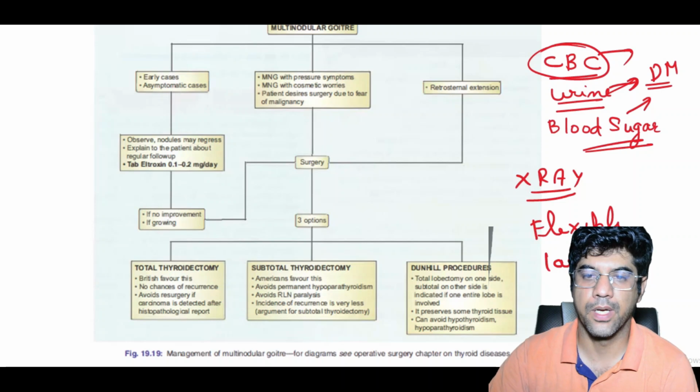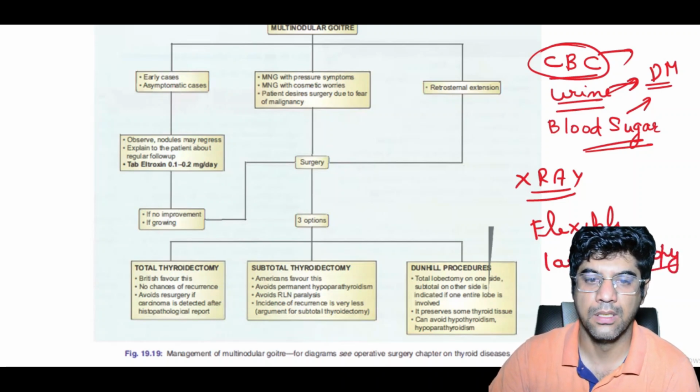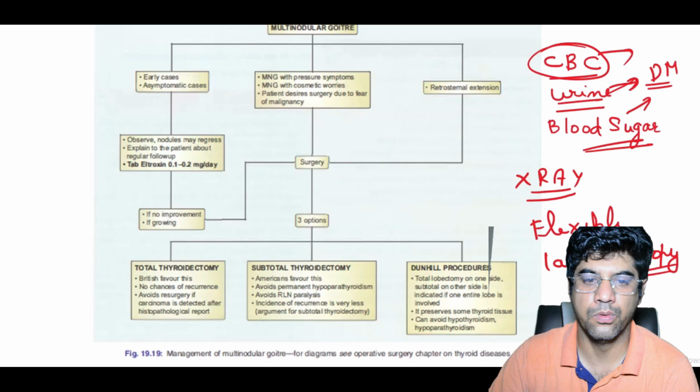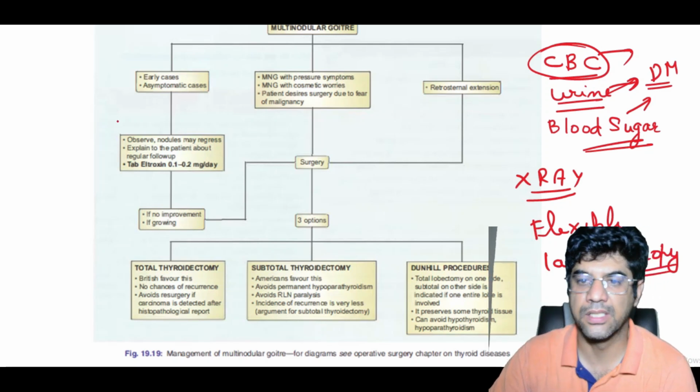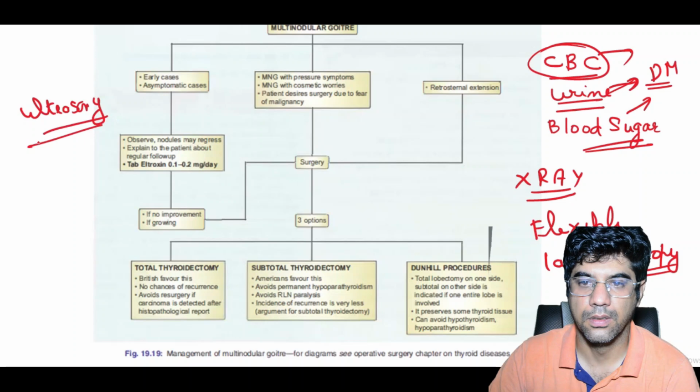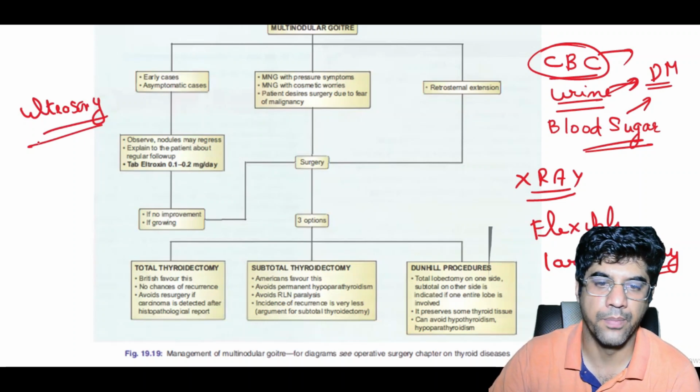So one thing you can do is a complete CBC, routine urine examination, and postprandial blood sugar. That would help you to assess the general health of the patient and conditions like diabetes mellitus, etc., or the urine culture, these are important.